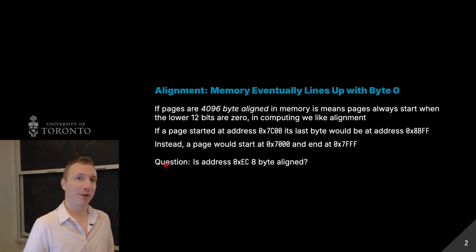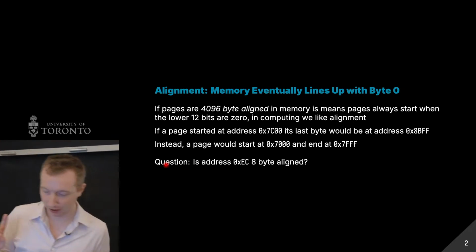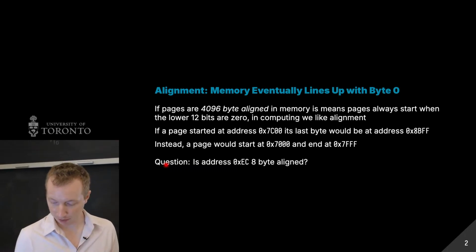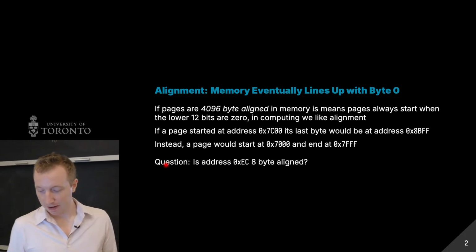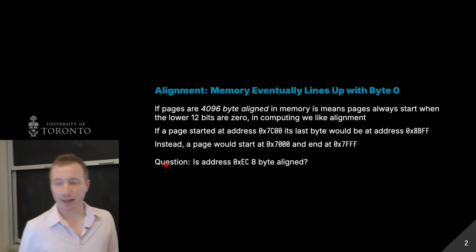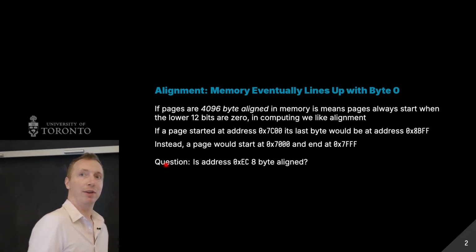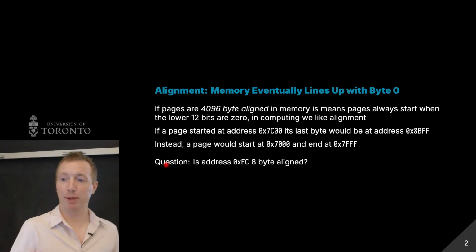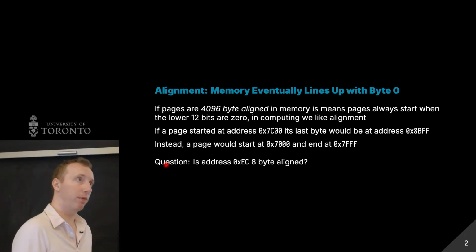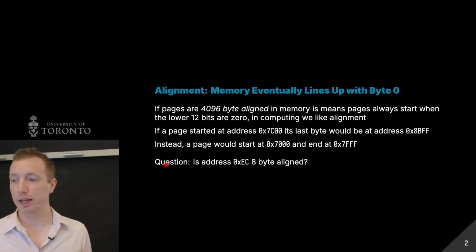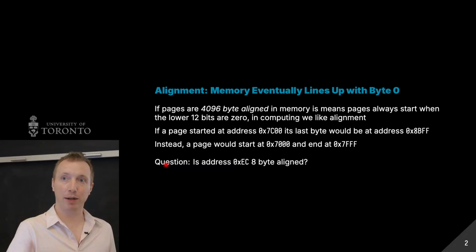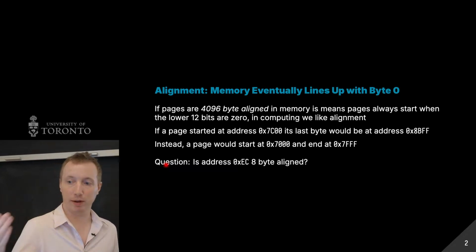All right, so the first thing I will talk about is something called alignment. You might have heard this term before. Basically, it just means that all of your allocations line up with byte 0. If I say pages are 4096-byte aligned, that means all of the lower 12 bits will always be 0.